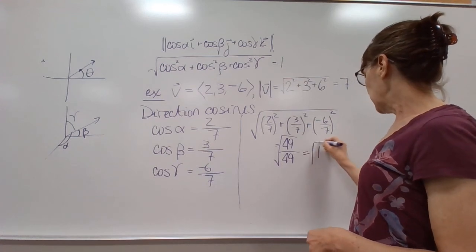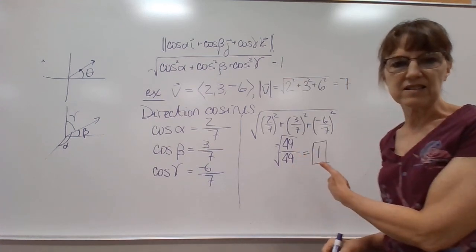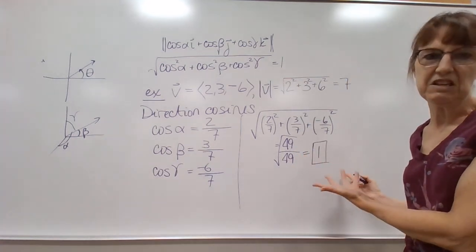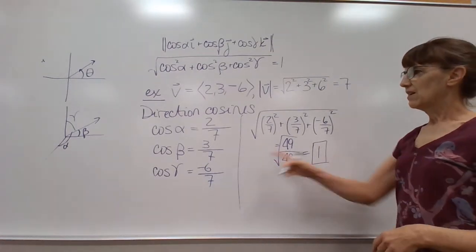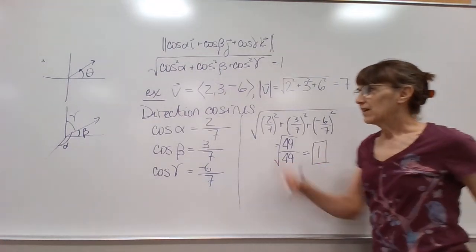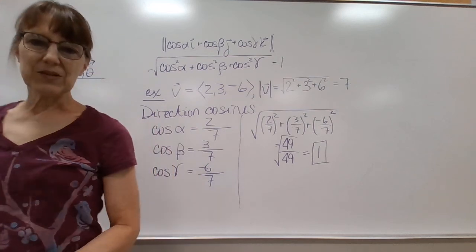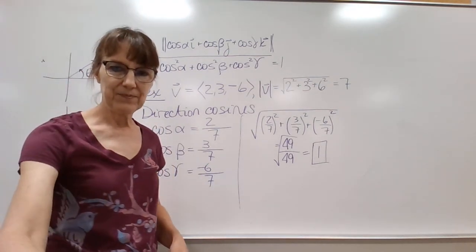And we do, in fact, get 1. That's not a necessary thing that you have to do. I just think it's interesting. So look, it works. So direction cosines for a vector.